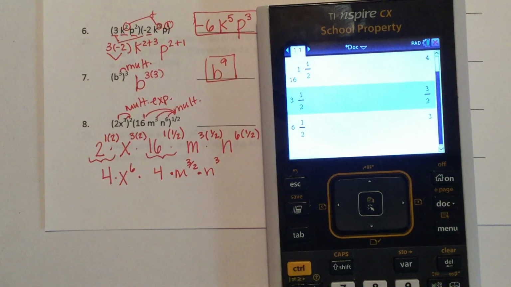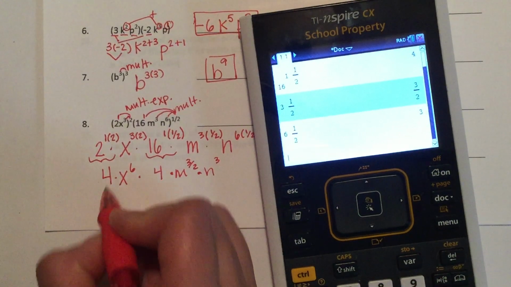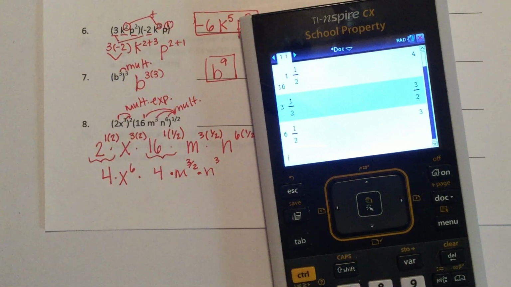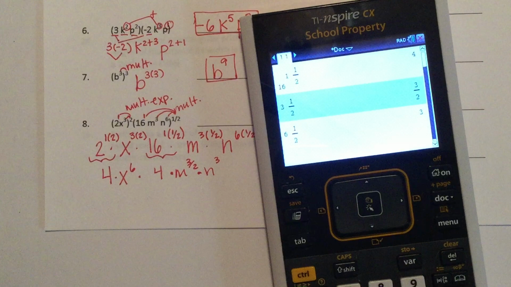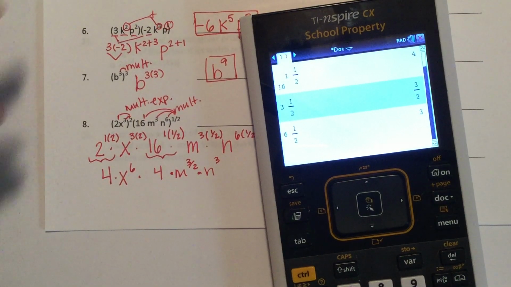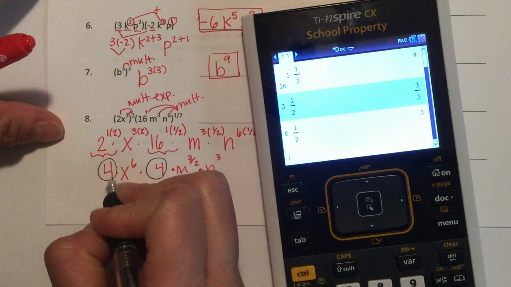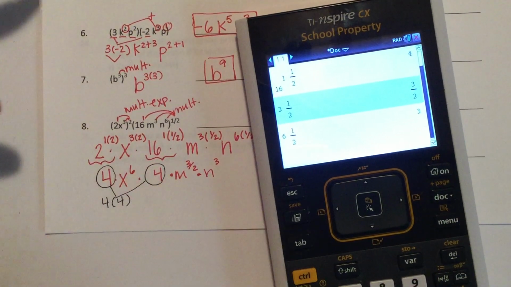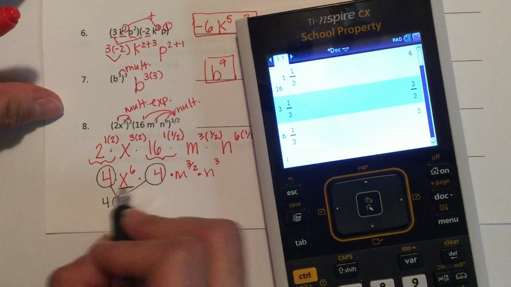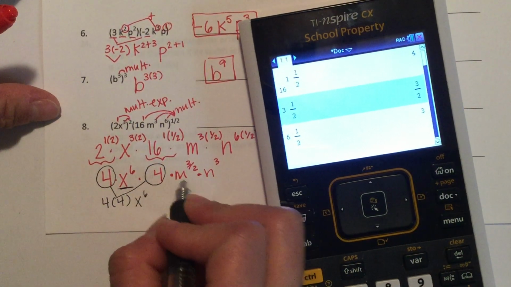You're not done yet. What you have to do is realize when you have multiplication, you're going to multiply the numbers. So if you have 4 times 4, you're going to do exactly what it says. 4 times 4. You put those together by multiplying them. X to the 6th power, there's nothing that you can combine the exponents with, so you bring it down.